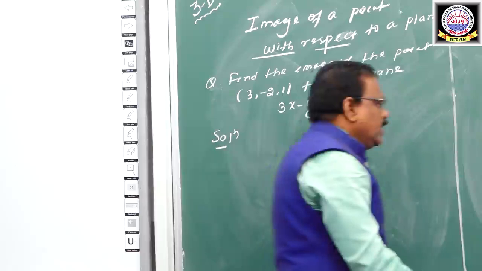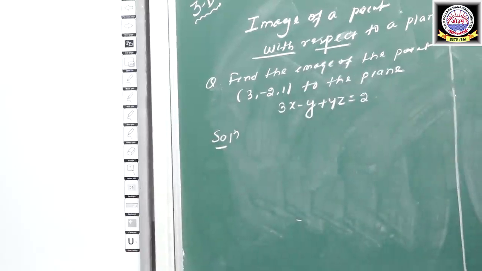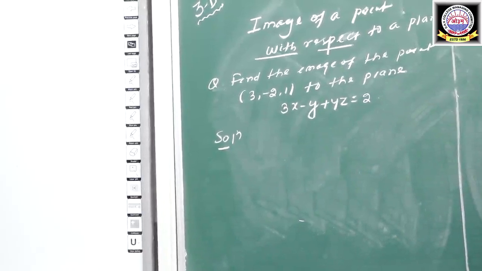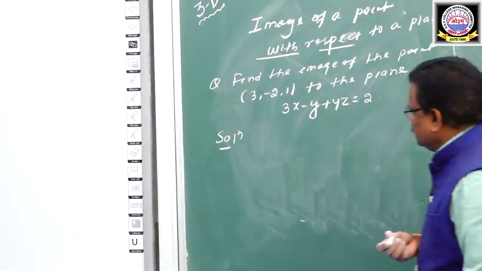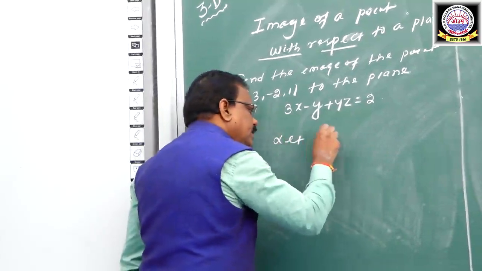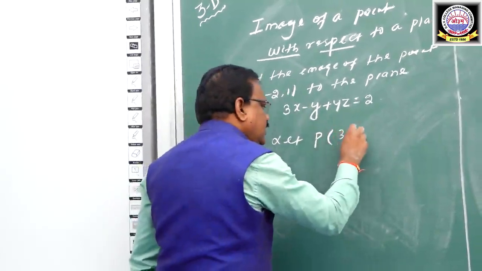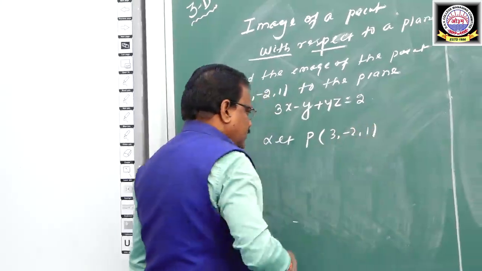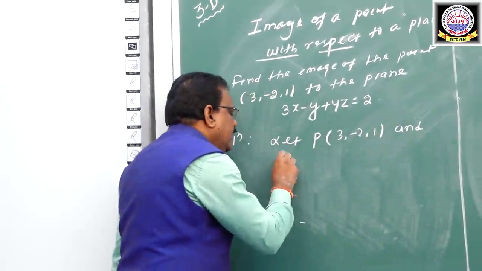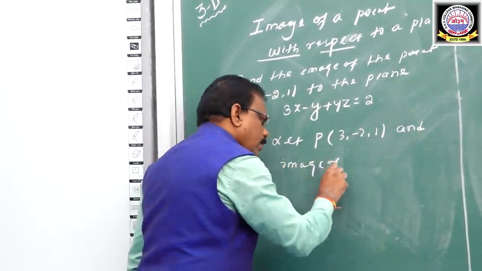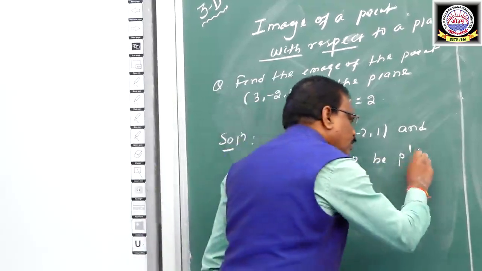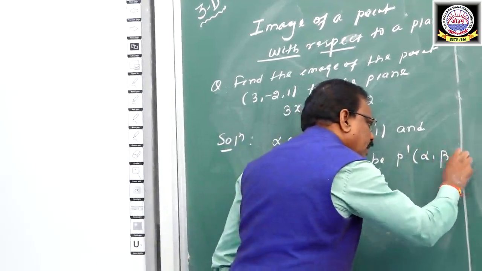You see, I can write here the point is (3, -2, 1). So what should be the procedure right now? We will write: let P have coordinates (3, -2, 1) and its image P dash have coordinates alpha, beta, gamma.